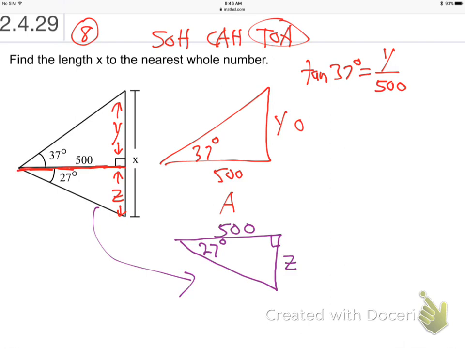Now what trig relationship involves the 27 degrees, the z, and the 500? It's tangent again, isn't it? Because this is the opposite, and this is the adjacent from the 27. So tangent of 27 degrees is opposite z over adjacent 500. Everybody see those two trig relationships I've obtained?